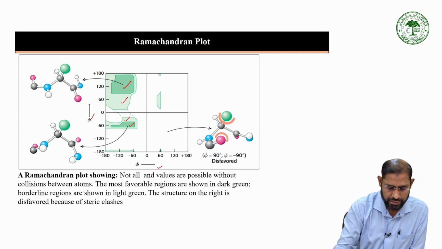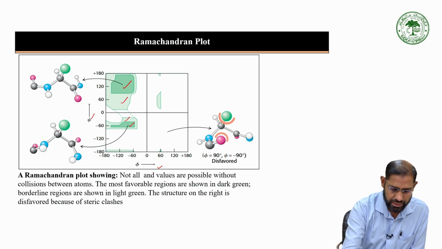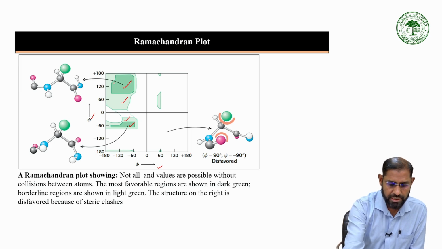This structure on the right is disfavored because of steric hindrance, and that's why this structure is favored only in this range.